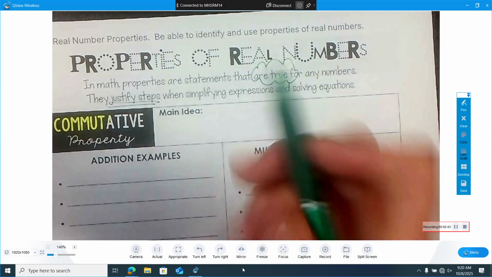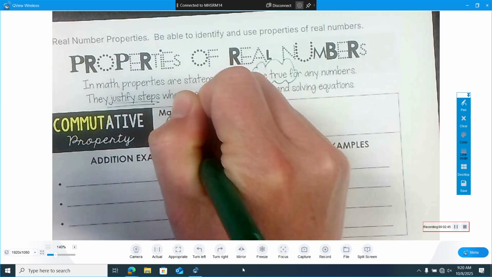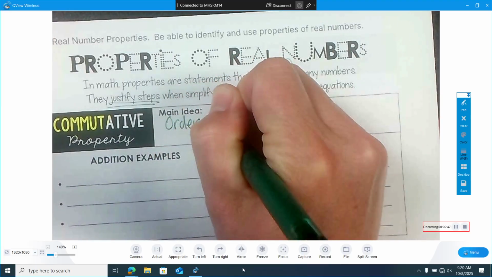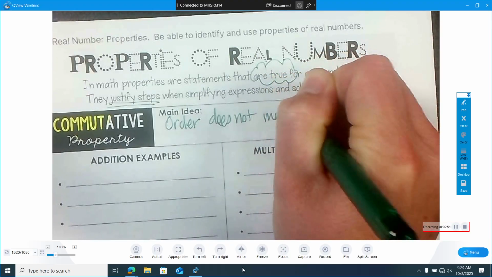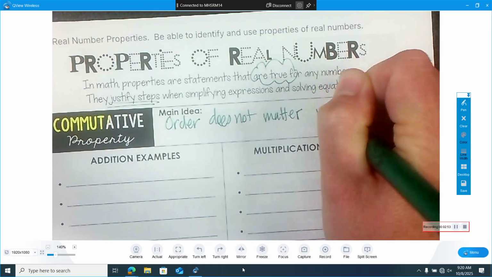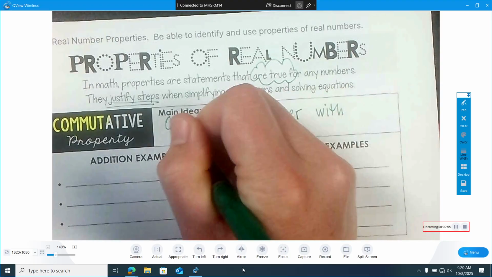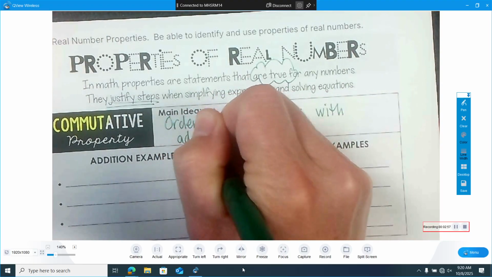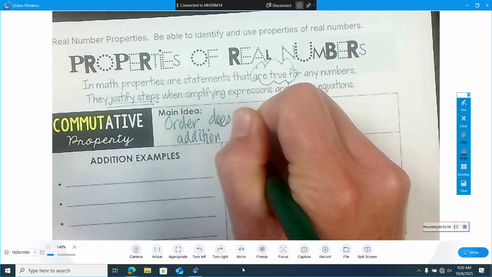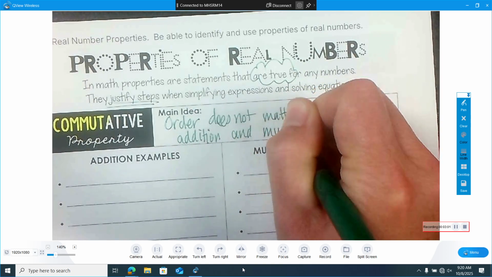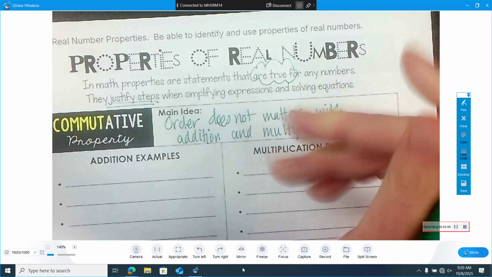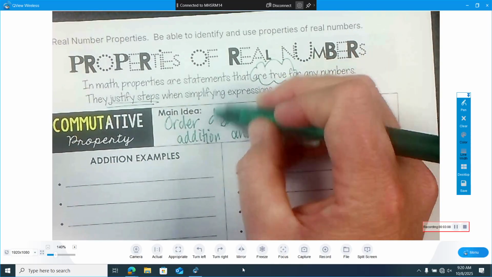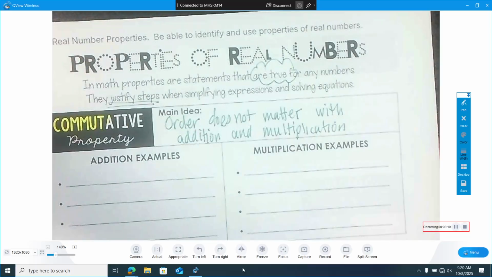The main idea is the order does not matter with addition and multiplication. The order that we add or multiply does not matter.